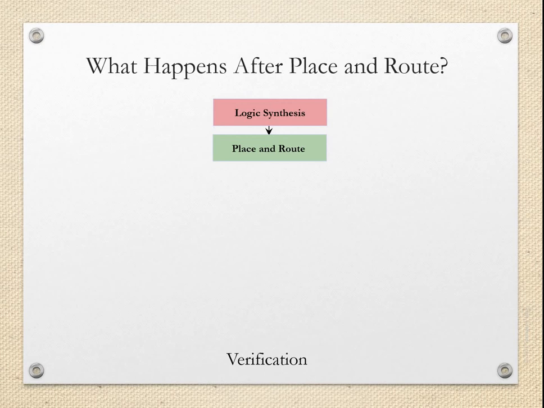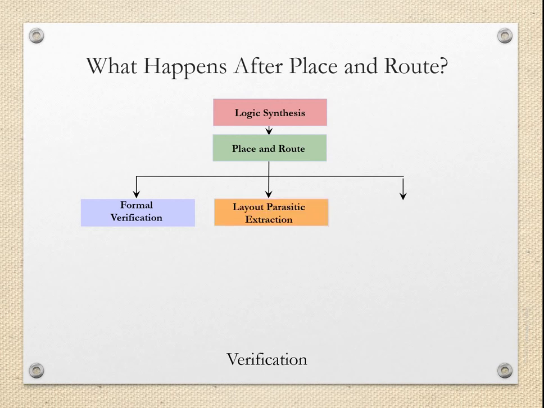And once the design is finalized, what will happen after placement and routing? There are various steps which will be happening in parallel: the formal verification, layout or parasitic extraction, and then the DRC, ERC and LVS, that is the design rule check, electrical rule check, and then the layout versus schematic.